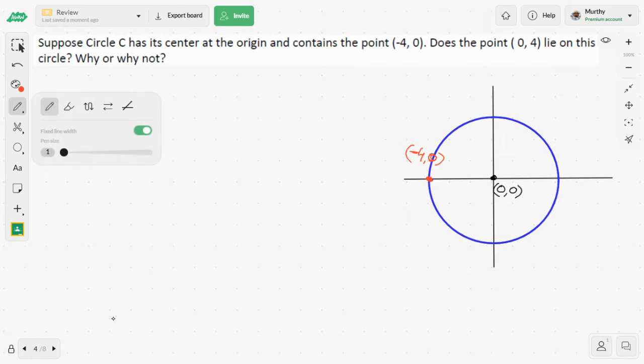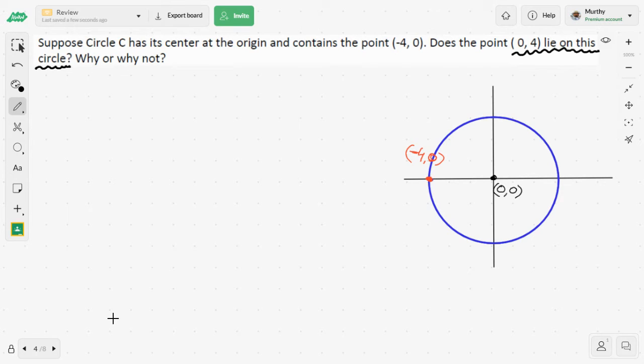The next one is, does the point 0, 4 lie on the circle or not? This point could be on the circle, outside the circle, or inside the circle. I'm not really sure. Okay, let's do one thing.